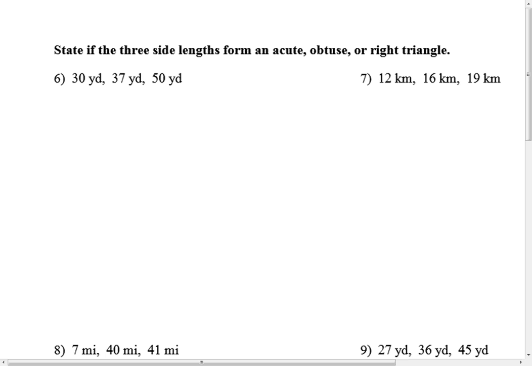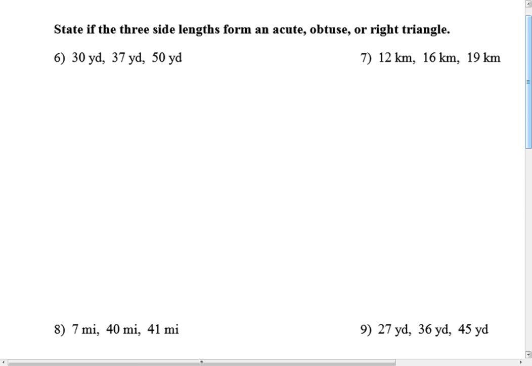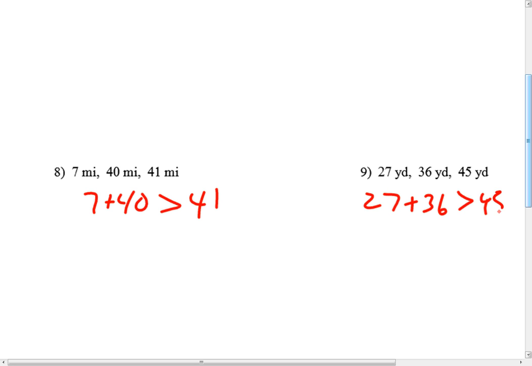Page 2. What should I do to all of these before I even decide whether it's acute, obtuse, or right? The two small ones. 30 plus 37, is that bigger than 50? 57, yes. 12 plus 16, is that bigger than 19? Yes. 7 plus 40, greater than 41. 27 plus 36, greater than 45.